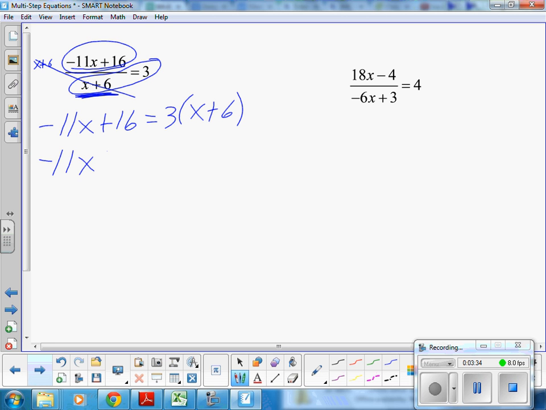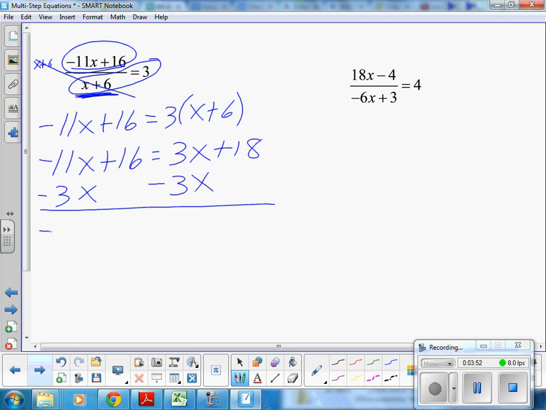Negative 11x plus 16 is equal to 3x plus 18. I now have variables on both sides. Remember, I always choose to get rid of my variable on the right side. It's just what I do. So negative 14x plus 16 is equal to 18.